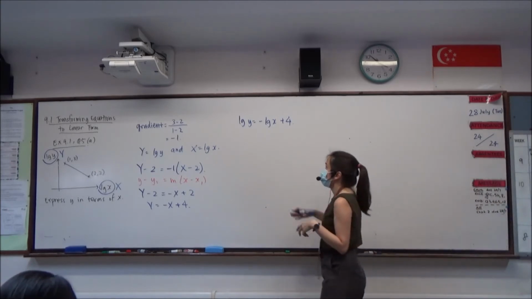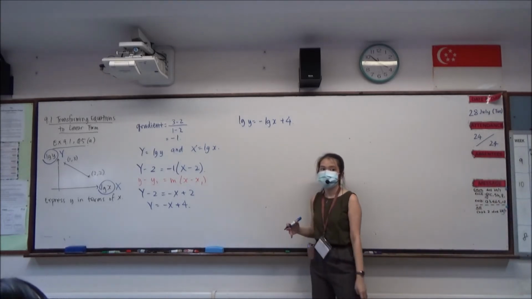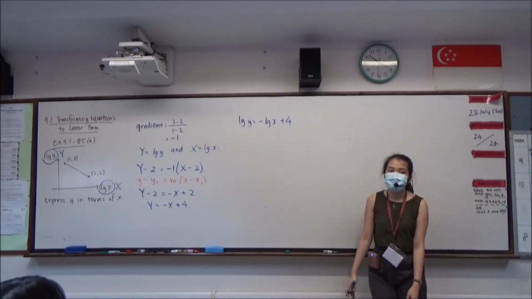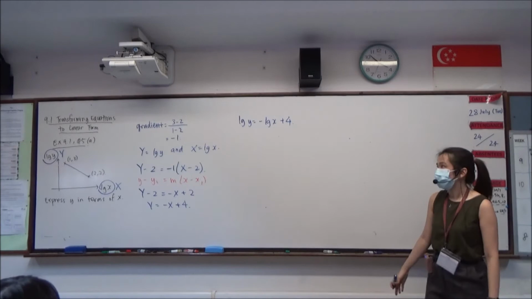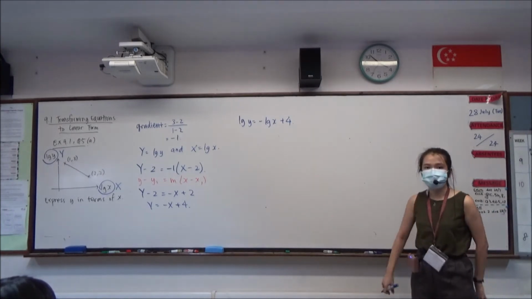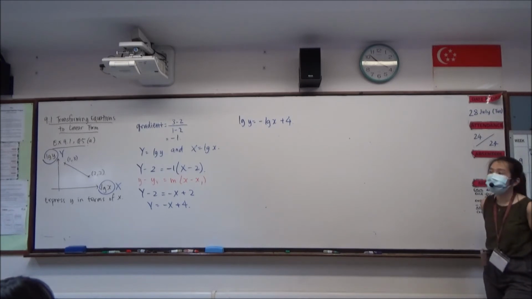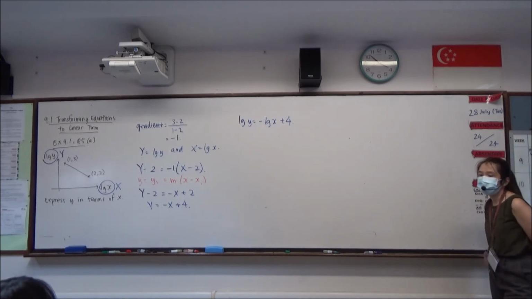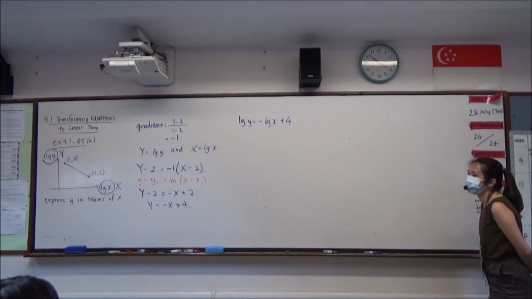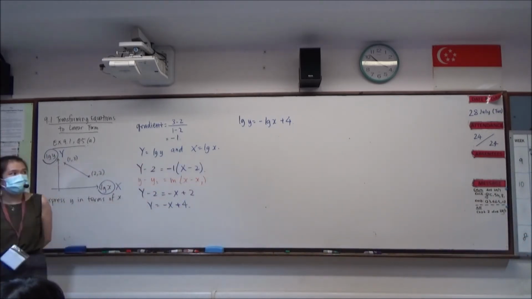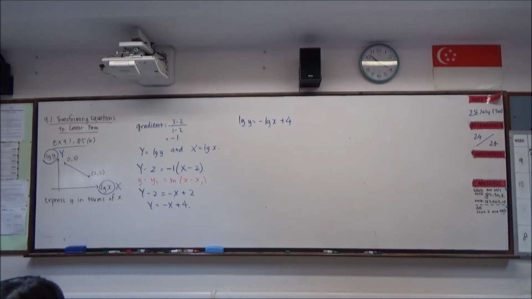Okay, how can I get rid of the logarithm? If I want small y and small x only, that means I don't want to have my logarithms at all. What do you think we can do? What will you do, Reina? What will you think of doing? Change the form.